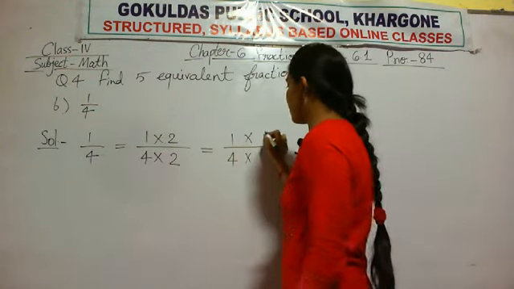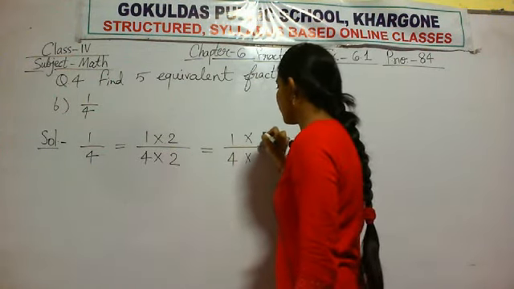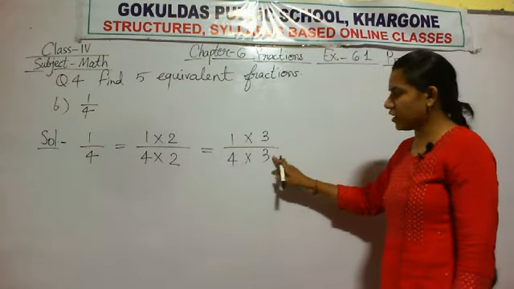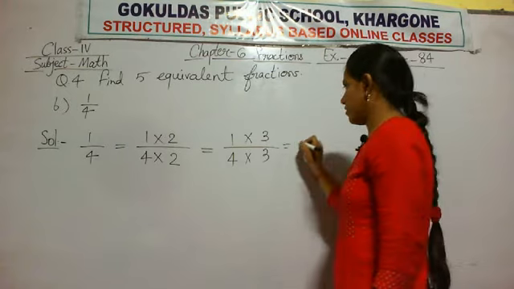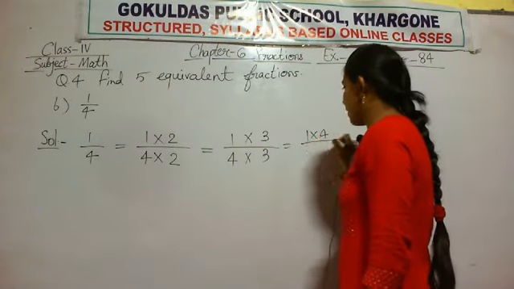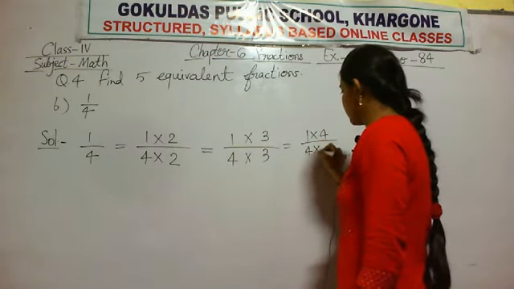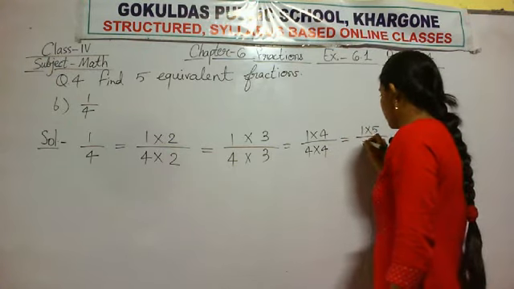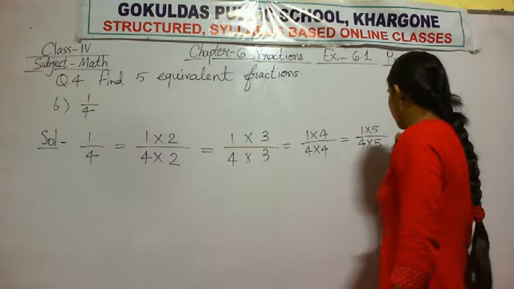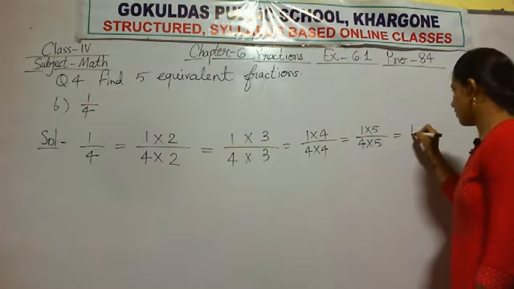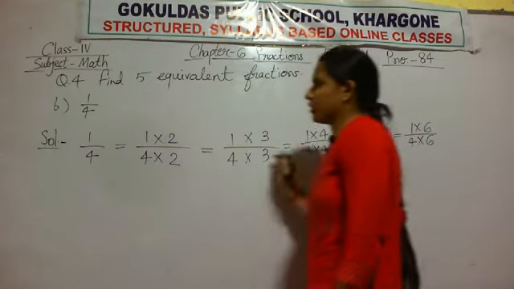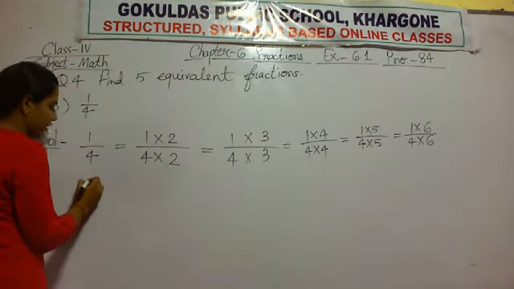Now I can multiply this by 3. If I am multiplying the numerator by 3, I multiply the denominator by 3. The next fraction I am multiplying by 4. The next fraction, 1 upon 4, multiplied by 5. Then I am multiplying by 6. So these will be my 5 equivalent fractions.